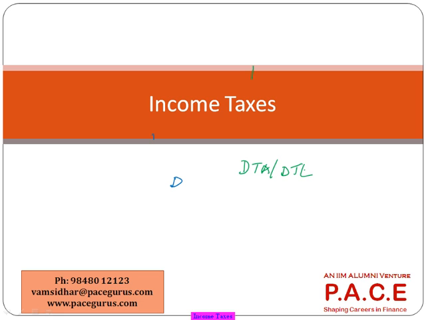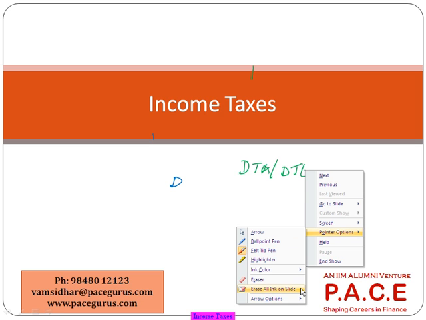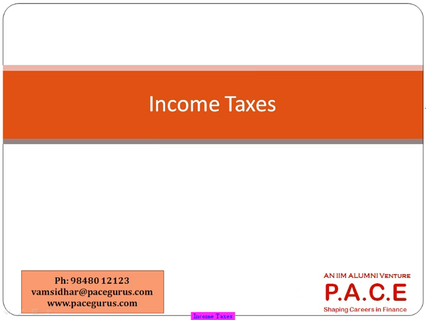Now, before we actually start off, there are 2-3 things that we have to understand regarding taxes. We are preparing one financial statement, which contains the balance sheet, income statement and cash flow statement.